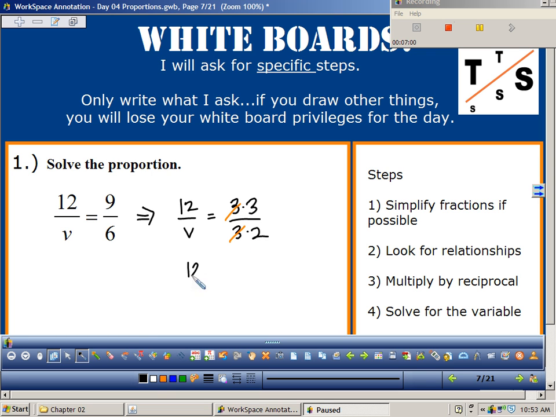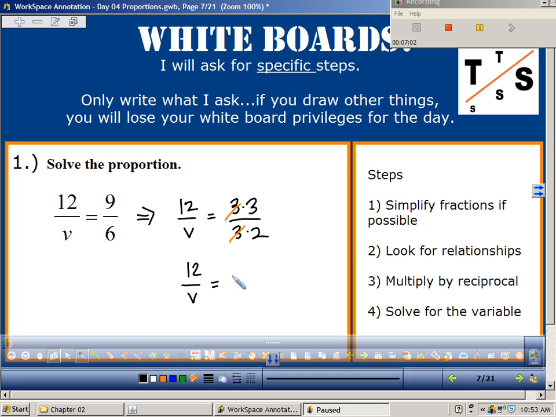Rewrite my proportion. I see a relationship between 3 and 12. 3 times 4 is 12. 2 times 4 is 8. v equals 8.